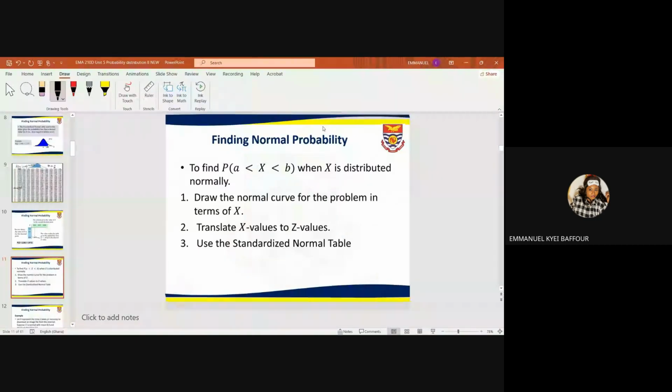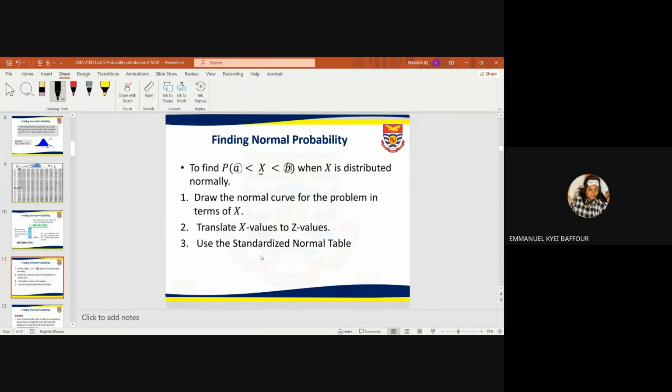So if you are confronted with a task where you are supposed to find probabilities for certain values, for example the probability that a variable is between a certain number A and a certain number B, when your X is normally distributed, the first thing is to draw the curve for the problem in terms of X. Then you translate the X values to Z values.